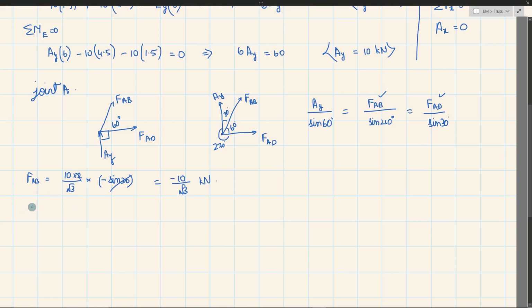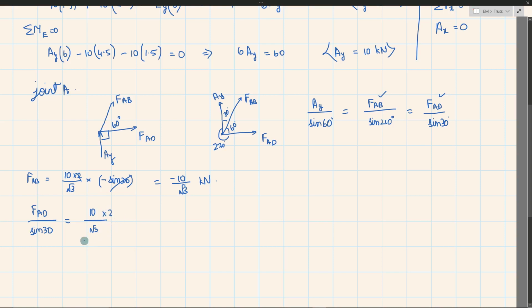Also I have FAD. FAD divided by sine 30 is equal to AY, 10, divided by sine 60, which is root 3 by 2.